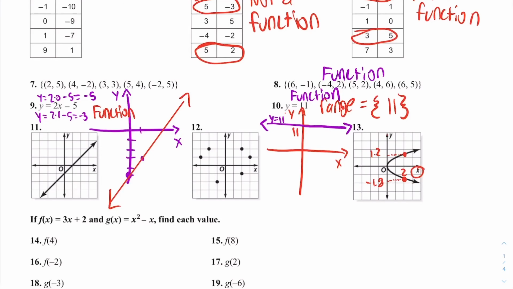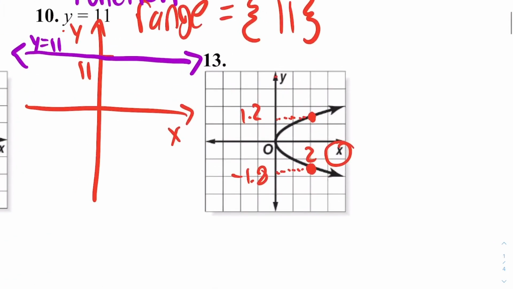This graph for number 13 has two different y values going to the same x, which was 2, so it is not a function. The x repeated with two different y's, it's not a function.